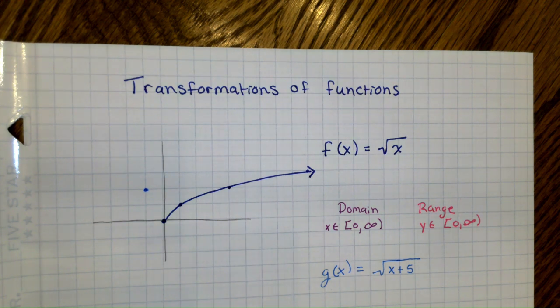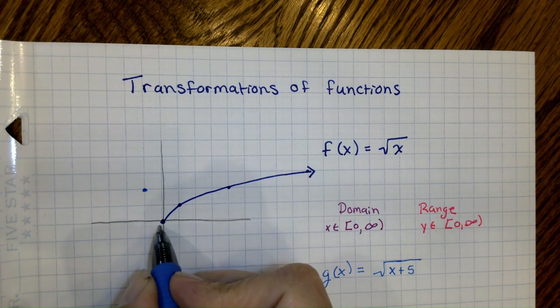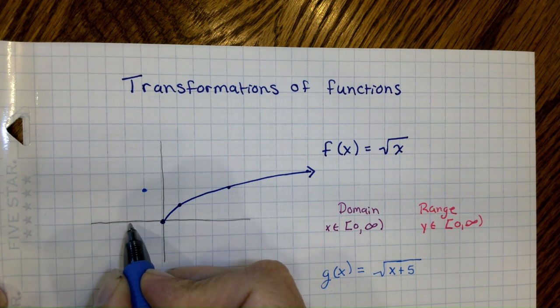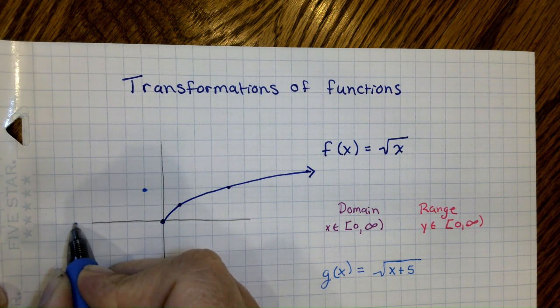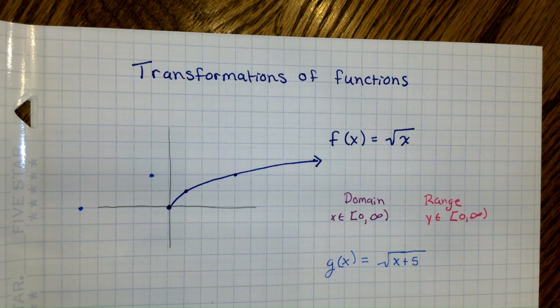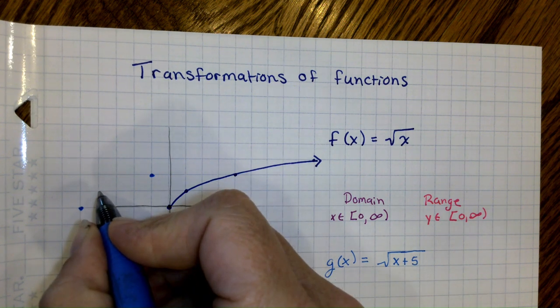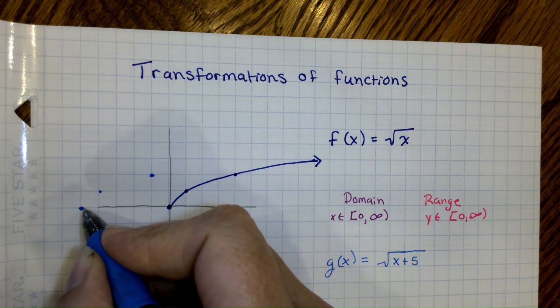That's exactly what this does. It transfers it 5 spaces to the left. So instead of our node being at 0, 0, it's right here. The reason is negative 5 zeroes out the equation. And it's not that x cannot be negative, it's that what is underneath cannot be negative. So that's why we start at negative 5 and we work our way.